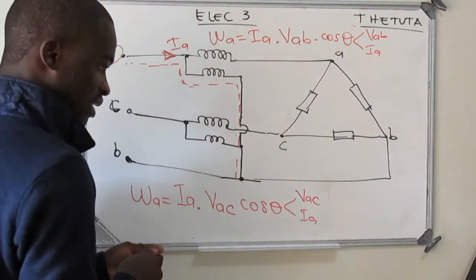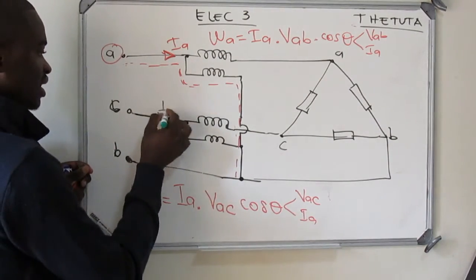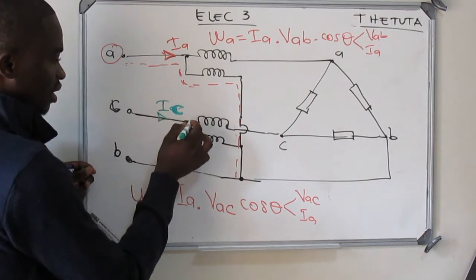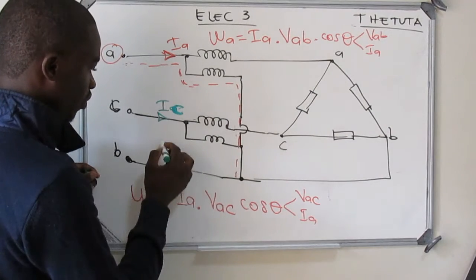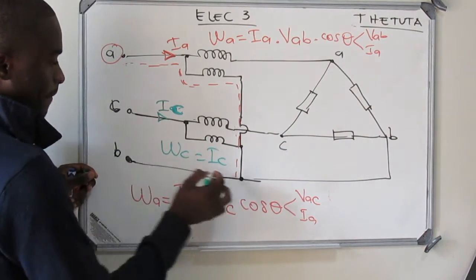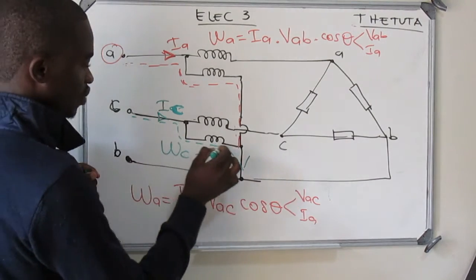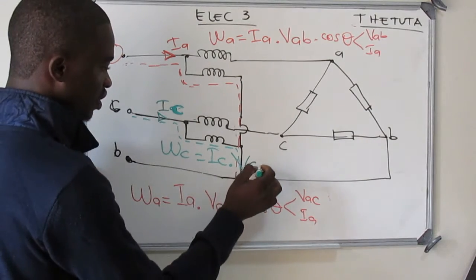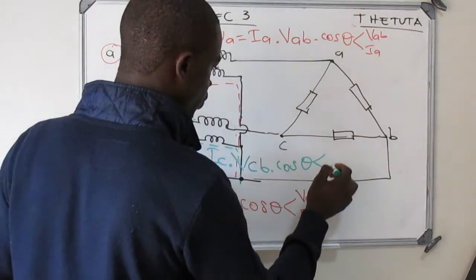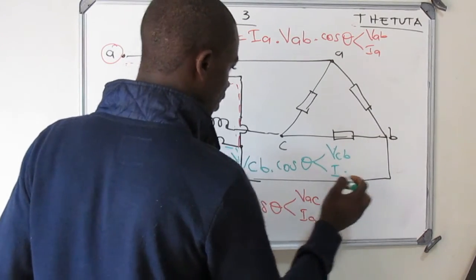But now, for C, we can see that we have a current IC flowing. So with wattmeter C, we have a current IC. But what will be our voltage? The voltage is going to be from C to B. So we're going to have the voltage VCB times cos of the angle between the voltage VCB and the current IC.